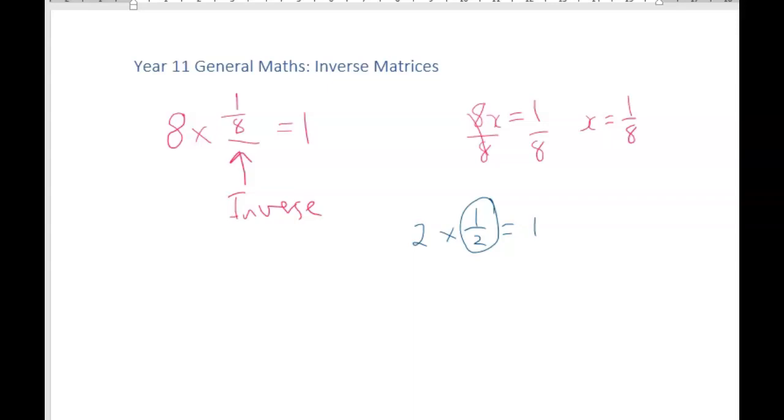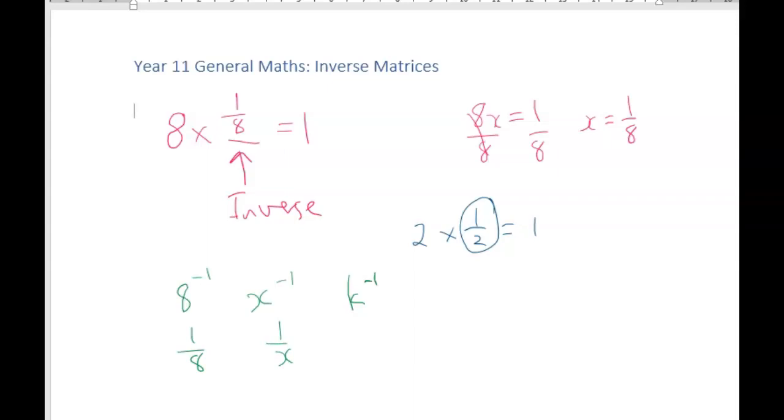Now, if you've done surds or indices before, you may have seen the notation 8 to the negative 1, or you may have seen x to the negative 1, or k to the negative 1, and that just means it's 1 over.